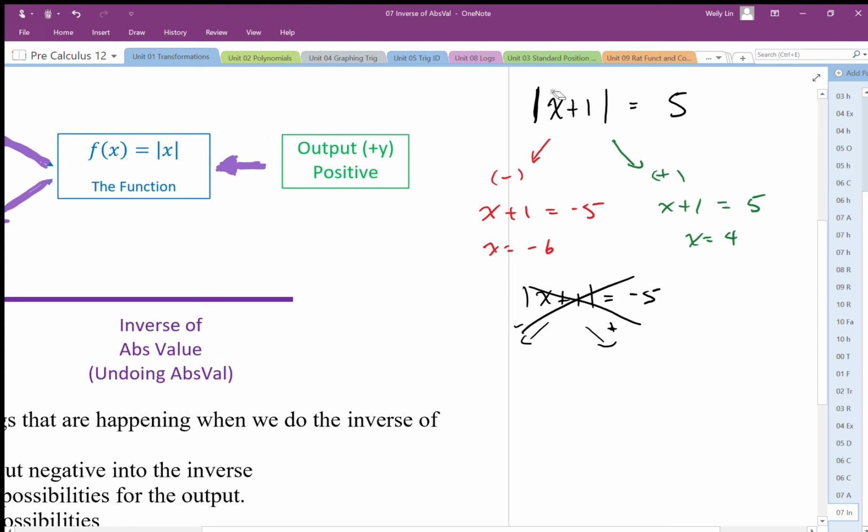When I undid this absolute value, I got a positive version and a negative version. And that was only possible if my original output, or in this case my input, is going to be positive. It didn't work when this absolute value output was negative. It doesn't exist.